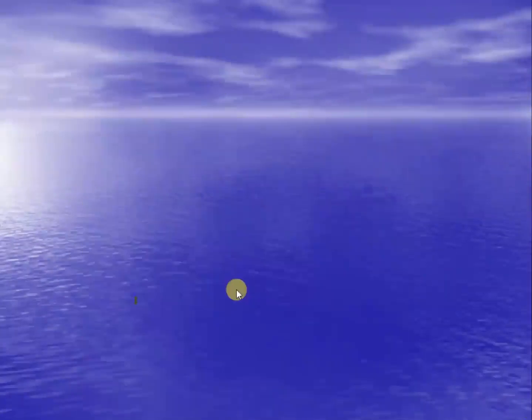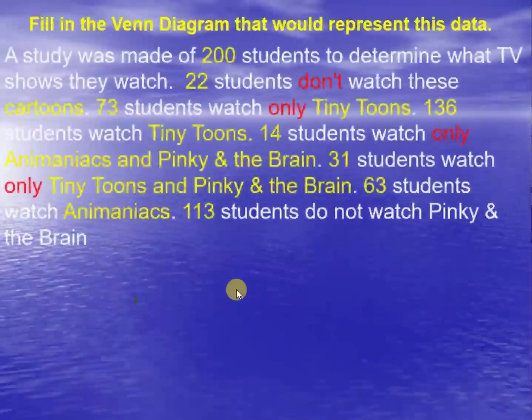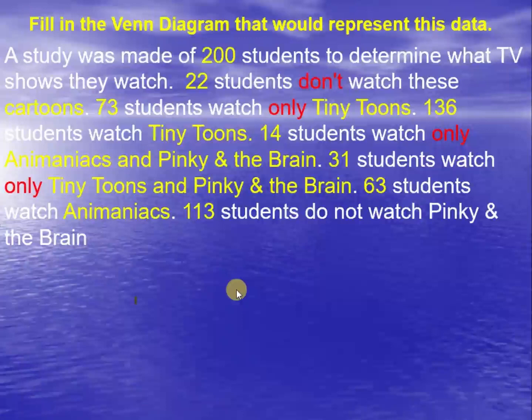All right. The next example is that you want to represent this data on a Venn diagram. A study was made of 200 students to determine what TV shows they watch. So 22 students don't watch these cartoons.